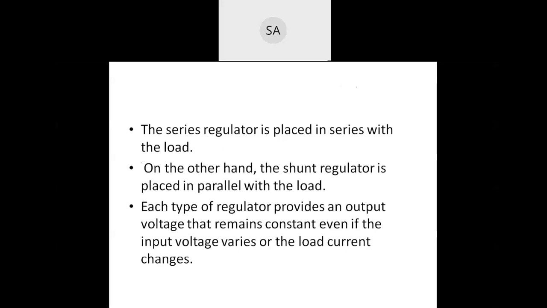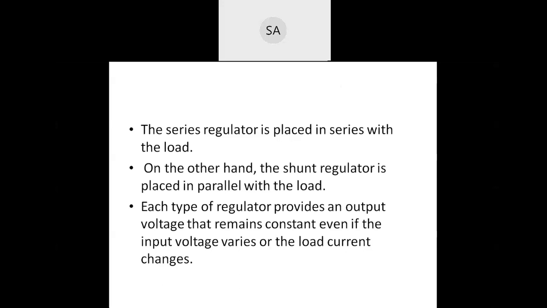Each type of regulator provides an output voltage that remains constant even if the input voltage varies or the load current changes. In these types of regulators, we use a Zener diode to maintain the constant output voltage.